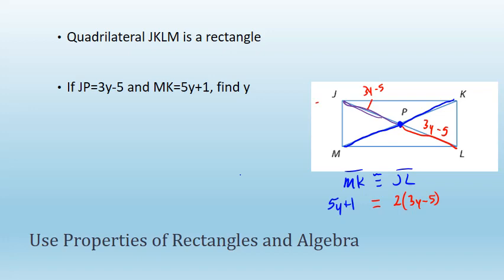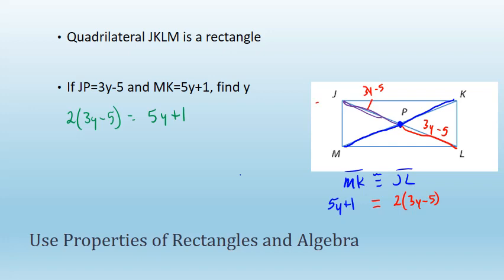And so now we can set this up and solve for y. We would then say that JL, which we've defined as 2 times 3y minus 5, is going to be equal to MK, which is 5y plus 1, and we're solving for y.